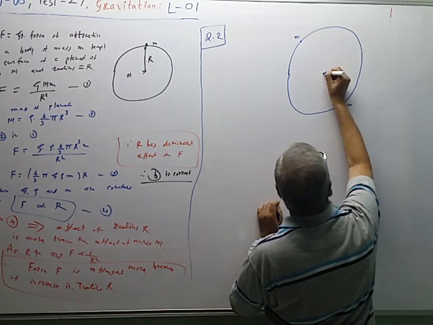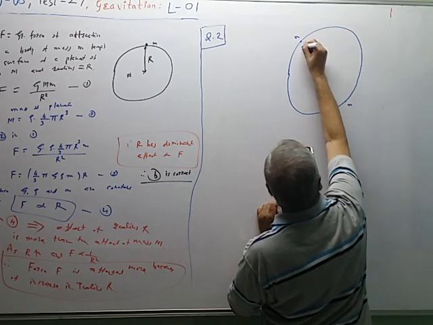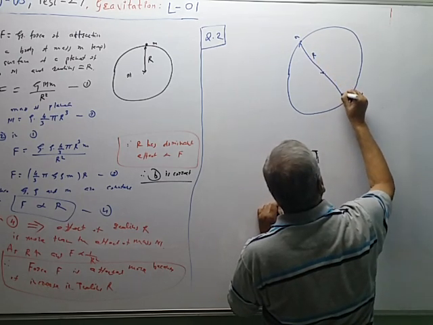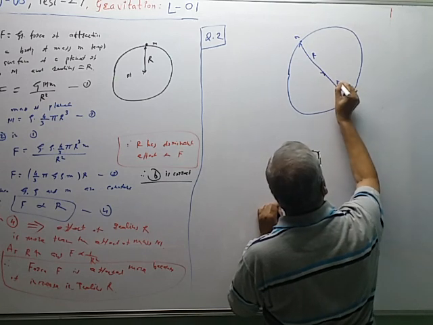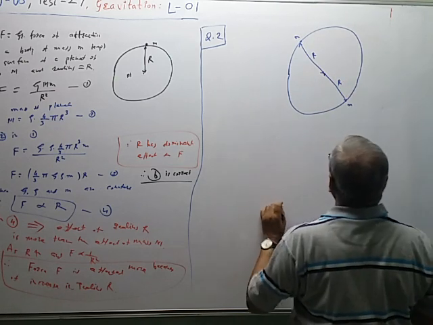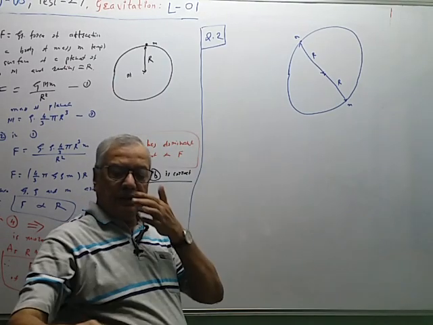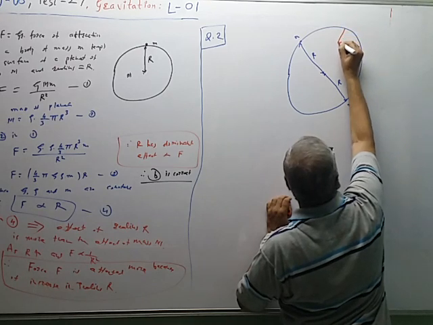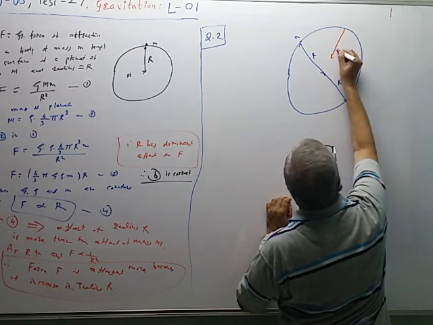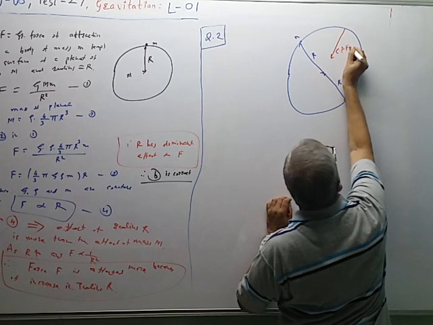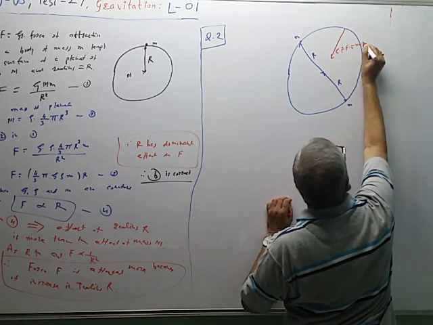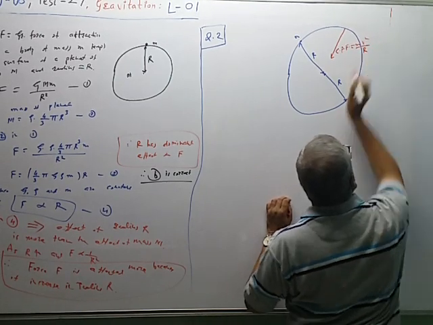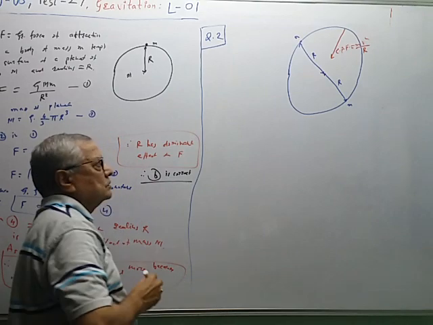So this radius is equal to r. This is also r, like this. So on each particle, the centripetal force is acting in this direction. Centripetal force is equal to mv square upon r, like this.